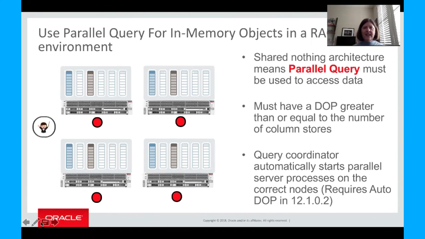Two quick questions, Andy, just on that, to make sure that we give them the complete picture on RAC. One, does the in-memory column store need to be the same size on all of the RAC nodes?